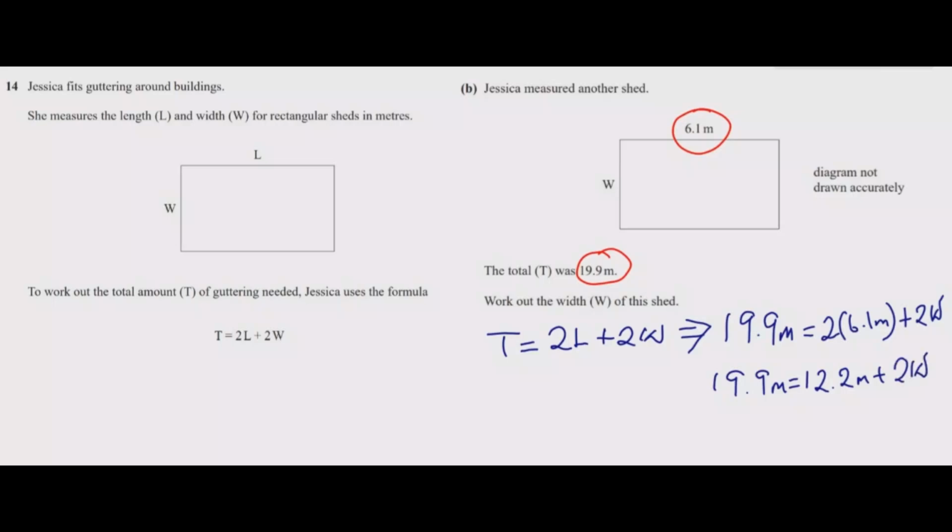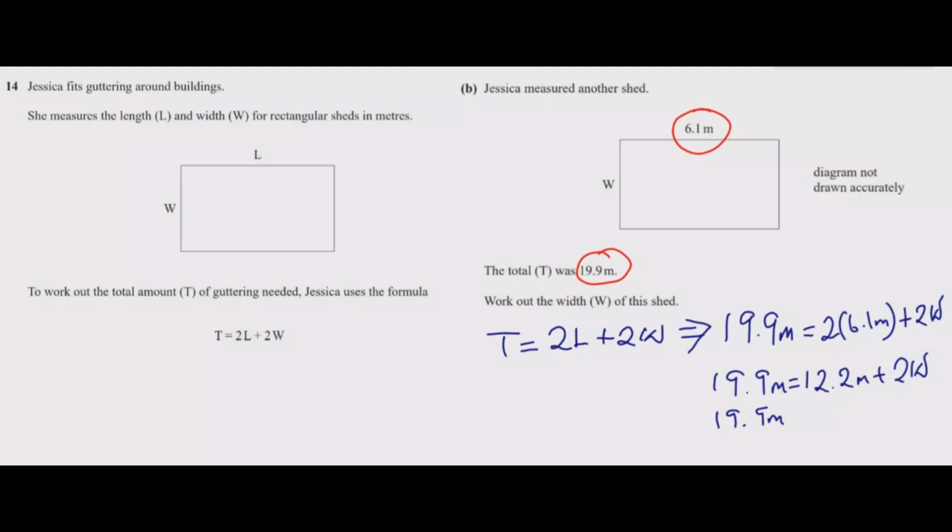Okay, so now what we do is we put like terms together. So we'll come up with 19.9 meters, then this 12.2 will cross the equal sign and become minus.